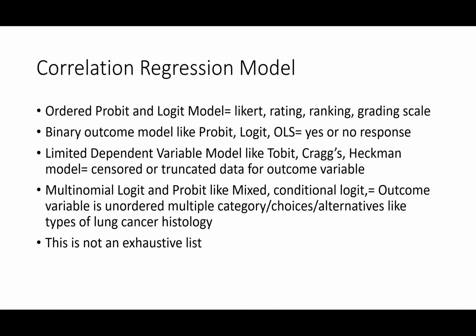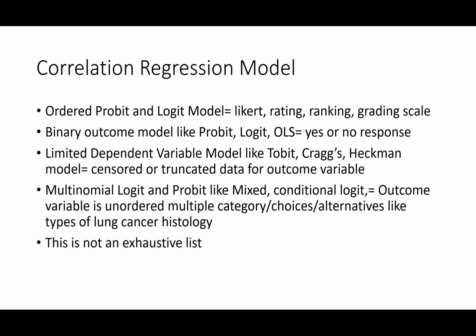Multinomial logit and probit models, mixed conditional logit and other types of multinomial logit and probit models. In this, your outcome variable is unordered multiple categories or choices or alternatives.